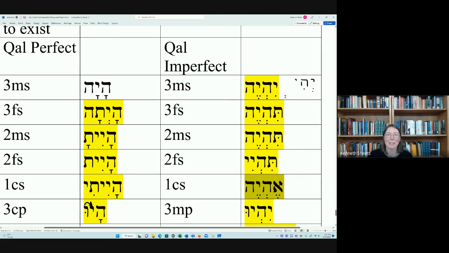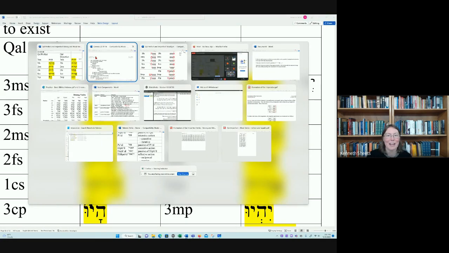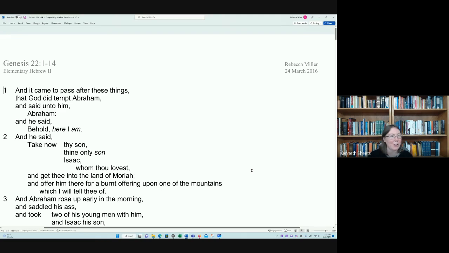And then Moses, when he went to the Israelites, he did not say ehya sent me, because he did not want to make it sound as though he was sending himself. So what did he do? He changed it to yihya. He is existing, sent me. And so you can see where those forms come from. But kind of an interesting thing, that is the name that our Lord chose for himself there.